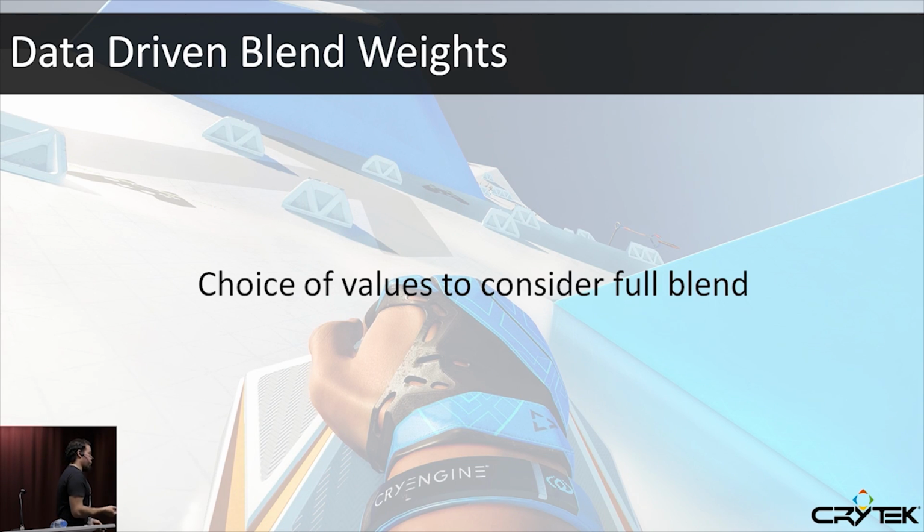The next big part was that if we are also going to use X and Y, or X, Y, and Z values, then we can get even more bit compression quality out of it. Instead of using one joint per weight, we are now using just one axis per weight. But that's not all. The next assumption was that 100% on the X or the Y or the Z would make us consider it a full blend.